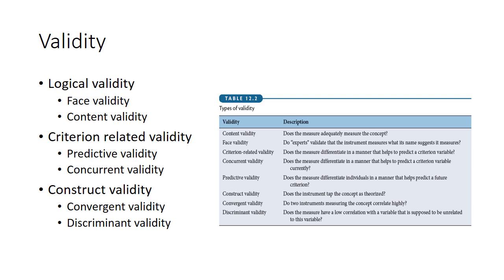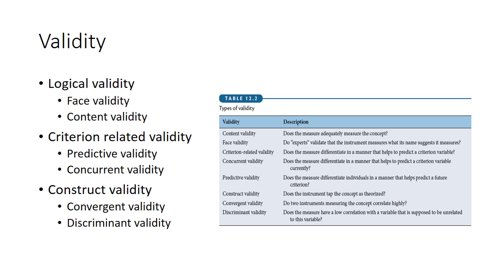So you see, okay, does the question have a low correlation with a variable that is supposed to be unrelated to this variable? So this is very important. Okay, for example, you have 10 questions in total of two variables. So the 10 questions don't have to relate to a single variable all the time. They have to relate to the variable the question is intended for. So this is important.